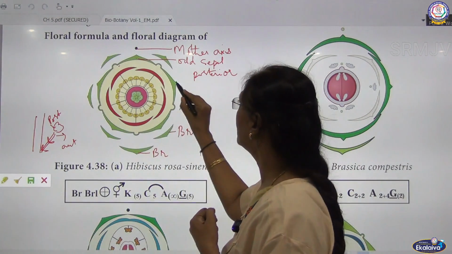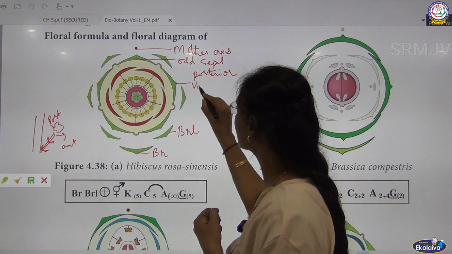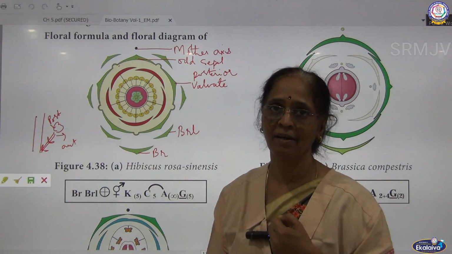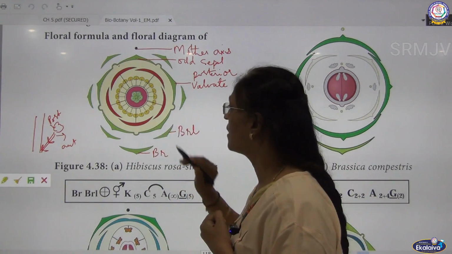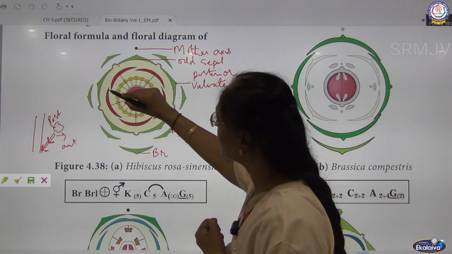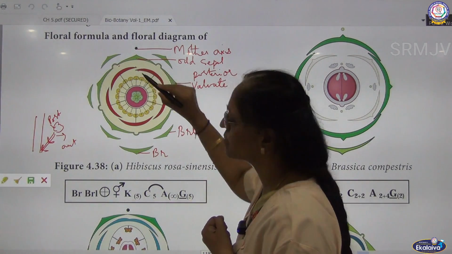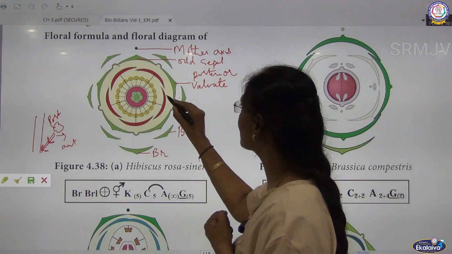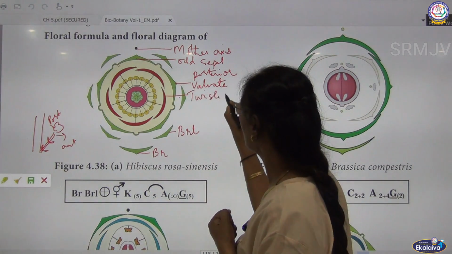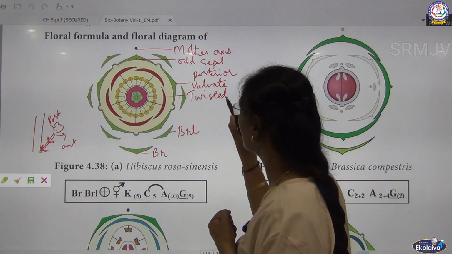So you call the calyx valvate estivation. Here the corolla, you can see that this end overlaps with this, and this end is overlapping with this. So this kind of estivation we call twisted estivation.